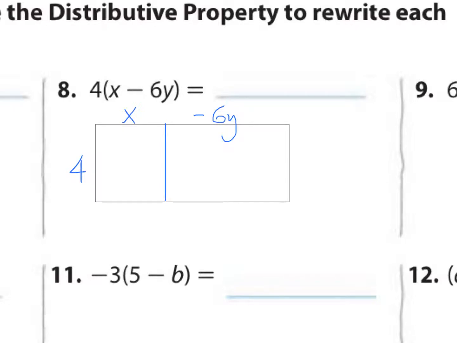The first rectangle will be 4 times x. 4 times x is 4x. And then the next rectangle is 4 times negative 6y.